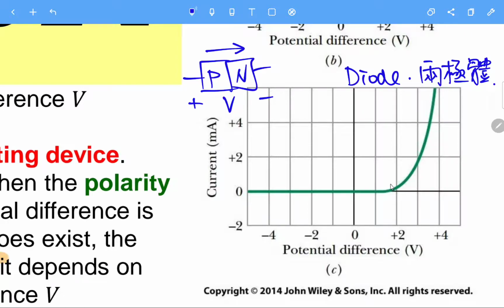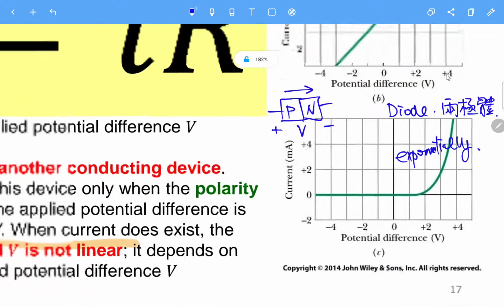As you can see here, the current increases exponentially. Suppose the voltage is large enough, the current will go infinitely large.